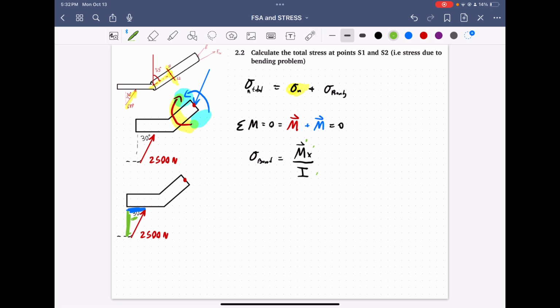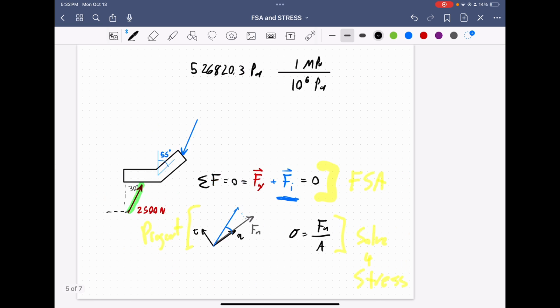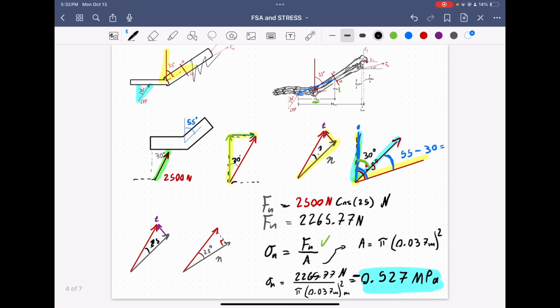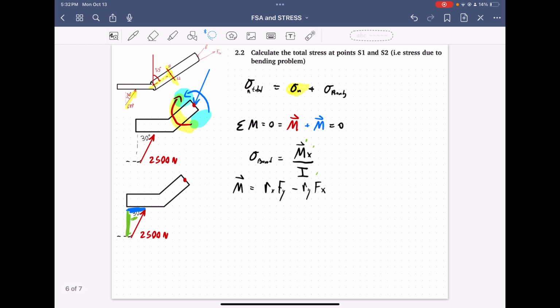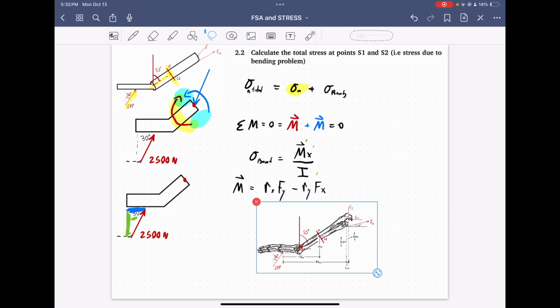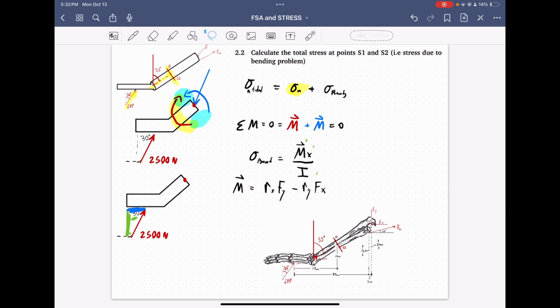So here, we're writing our moment equation. We know moment equals Rx Fy minus Ry Fx. So let's snag this, because we want to make sure we have everything, so we can write it out.